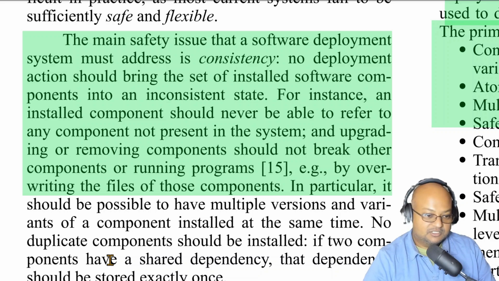The system should behave in a way that the installation or uninstallation of a given piece of software doesn't leave the entire system in an inconsistent or broken state. This means, for example, that if you install something, all of its dependencies should also get installed. In other words, you shouldn't have an incomplete install. If you upgrade one piece of software, it should not break other pieces of software on your system.